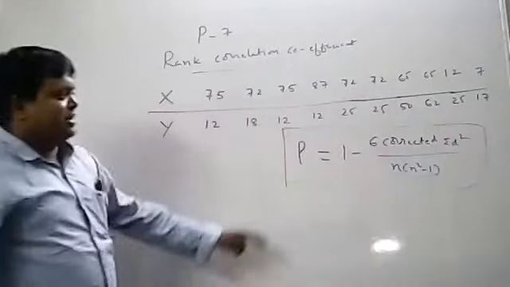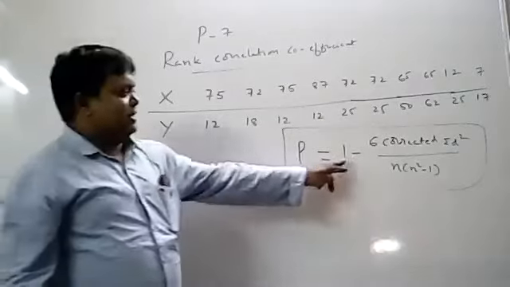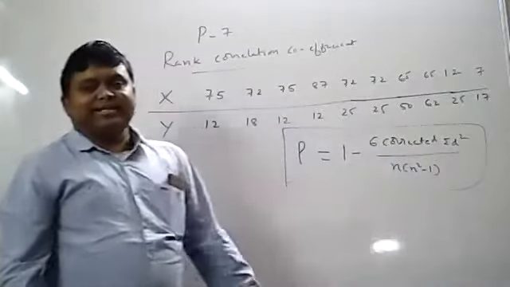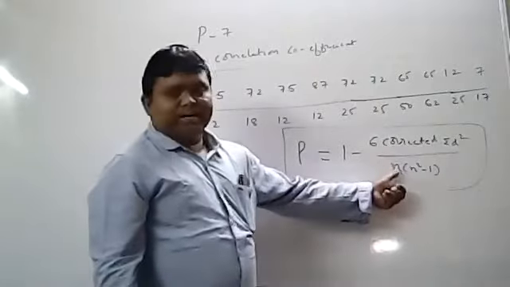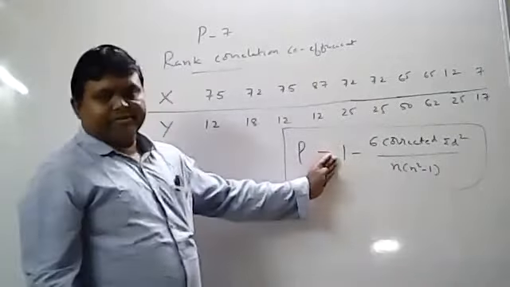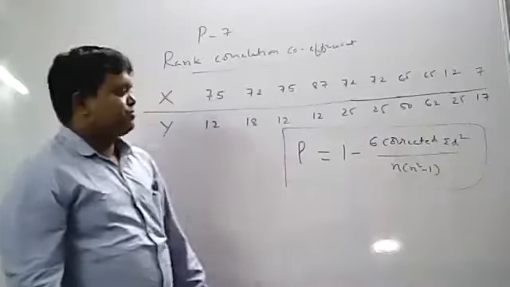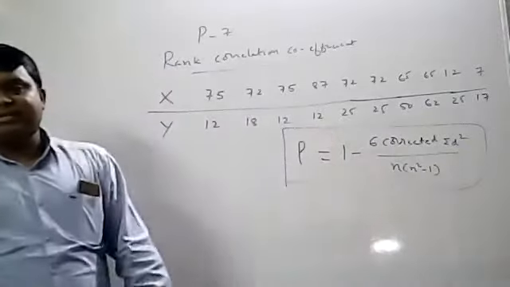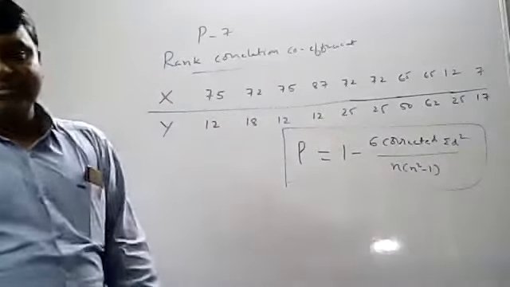Rho equal to 1 minus 6 corrected summation d square divided by n into n square minus 1. This term n into n square minus 1 is separate.